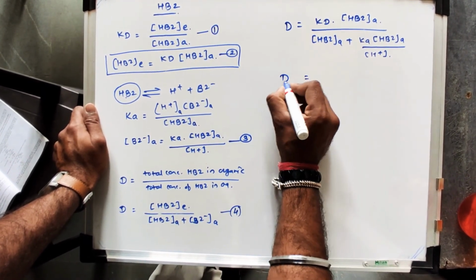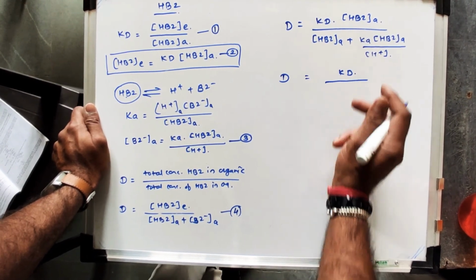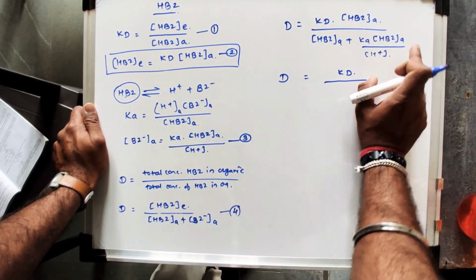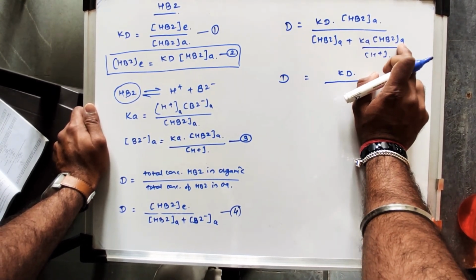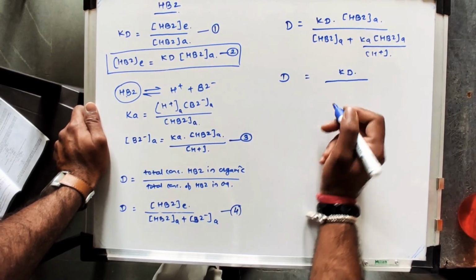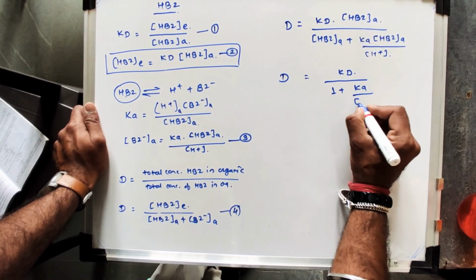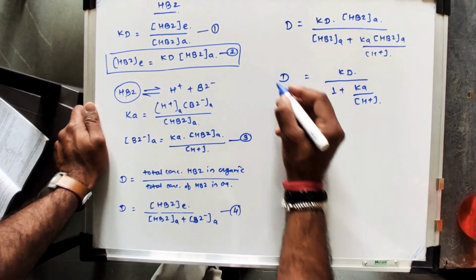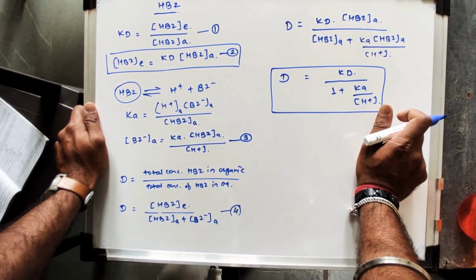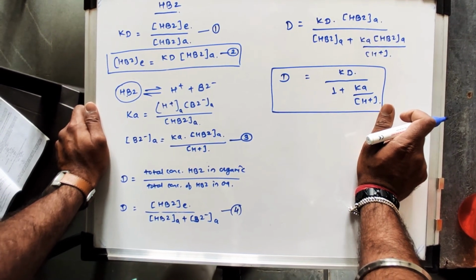We get distribution coefficient KD remaining at the numerator, and in the denominator 1 plus Ka upon H plus. This is the relationship between the distribution ratio and the distribution coefficient.